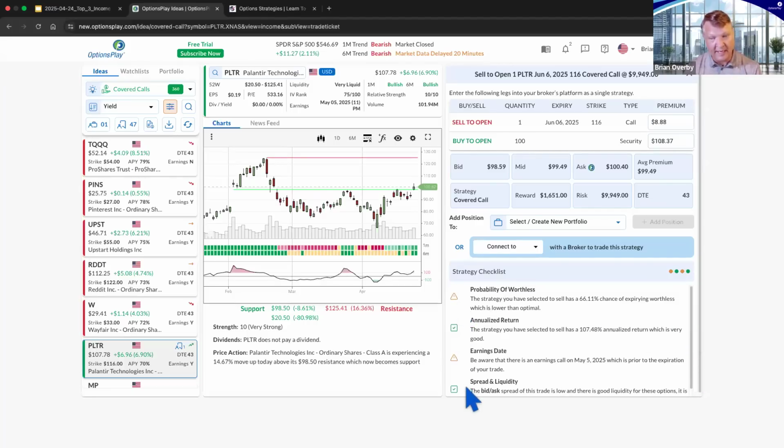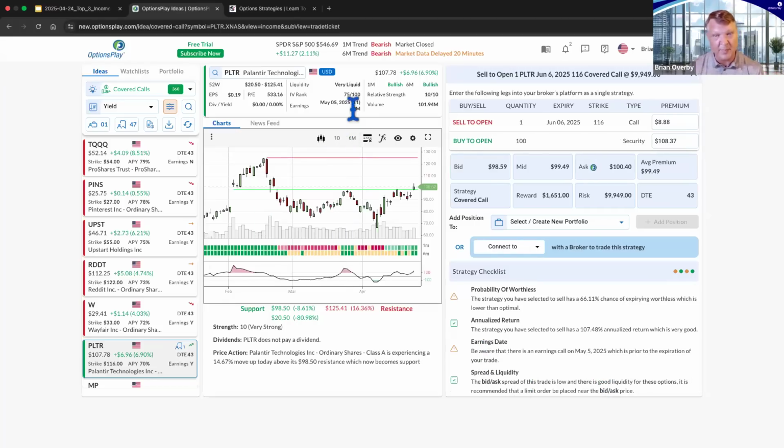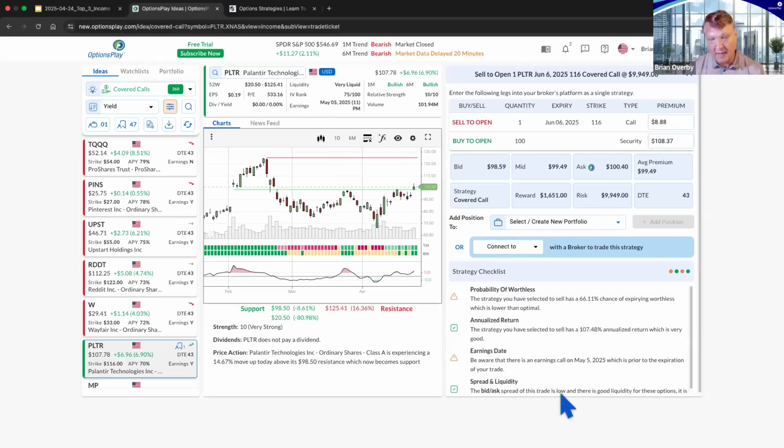And we're going to highlight, is it good or bad, right? There is an earnings call on May 5th, and we're about halfway through the earnings season. But on May 5th, there's an earnings date. Be aware that there is. And you can see that up here. We even highlight that it's going to be in the PM. That means it's going to be after the close on May 5th. Palantir is going to be announcing earnings.